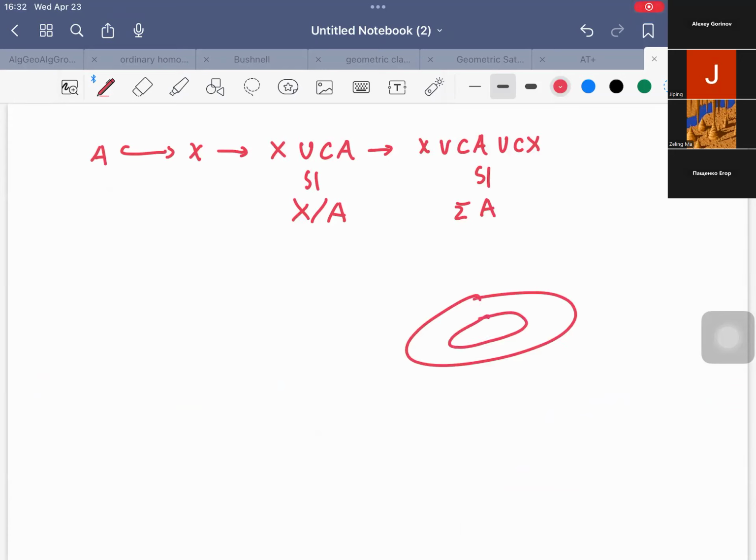Well, this part is clear. But then let's just note that if we identify K n of sigma A with K n minus 1 of A, using the suspension isomorphism, we get a sequence which can continue indefinitely in both directions, to the left and to the right.